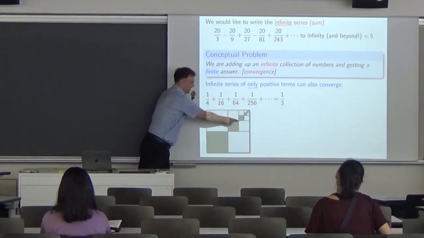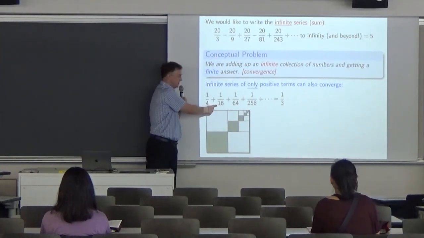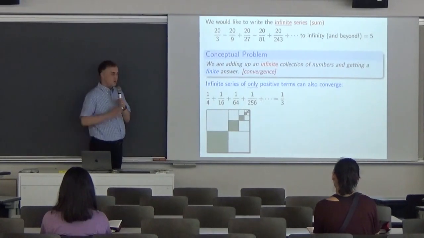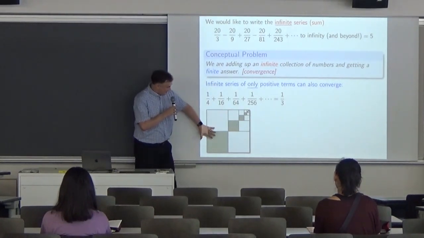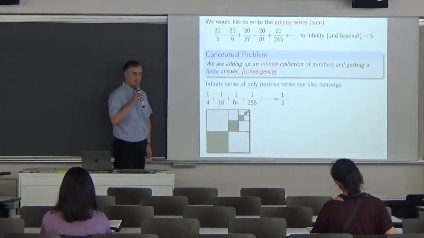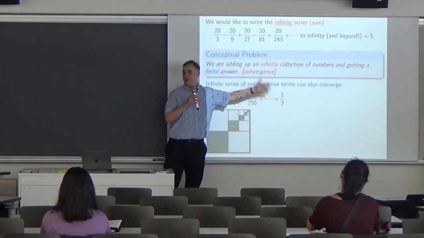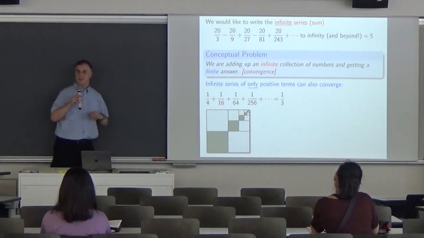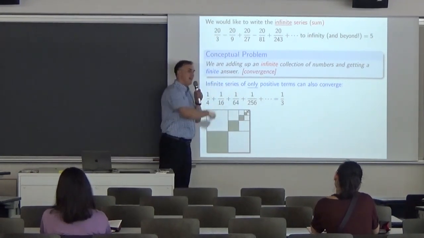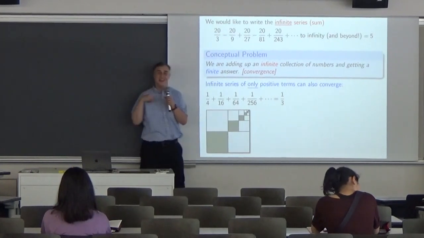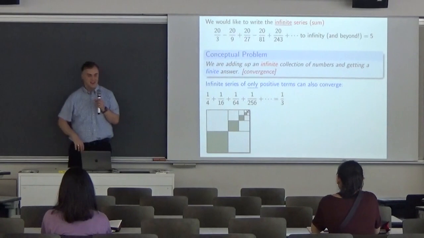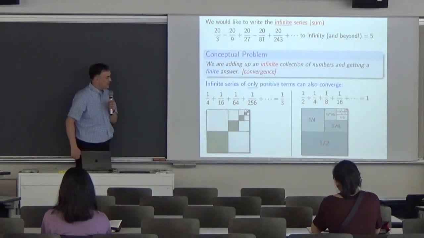This block here has area 1/16. This block here, area 1/256, and so on. What we notice is that in each case, it's a third of the region. So these numbers must add up to 1/3 from a geometrical argument. This is a sequence of positive numbers that add up to give us a finite value. And it's not even a large finite value, it's just a third, 0.3333.